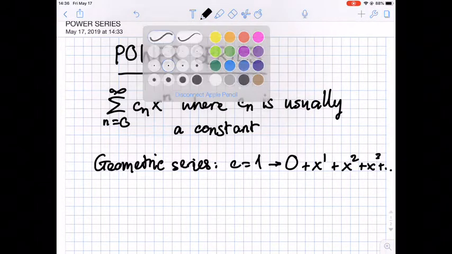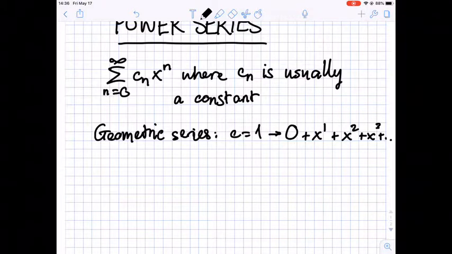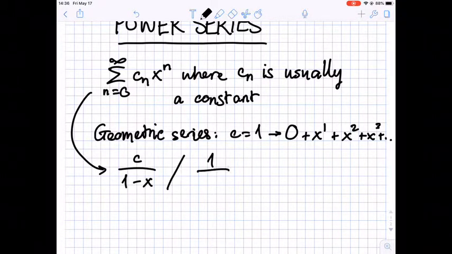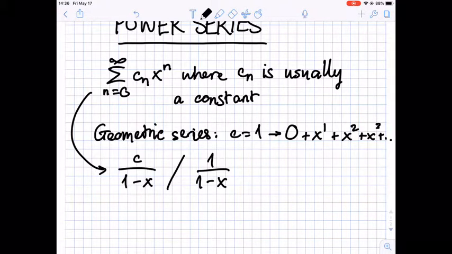And similarly to the geometric series, the sum of the power series can be shown as c over 1 minus x. Just like in the geometric series, the sum is 1 over 1 minus x because c is equal to 1.